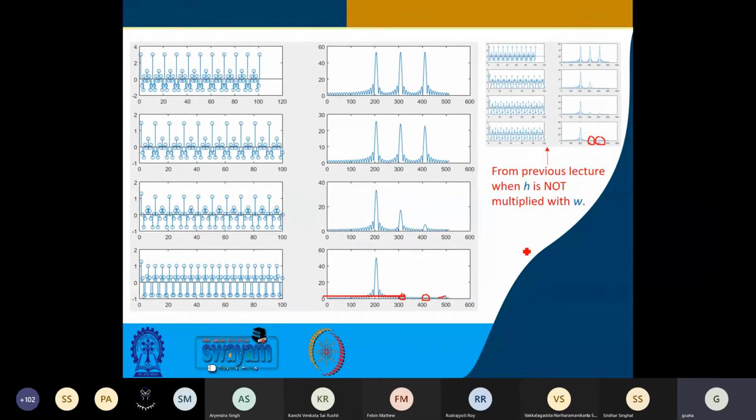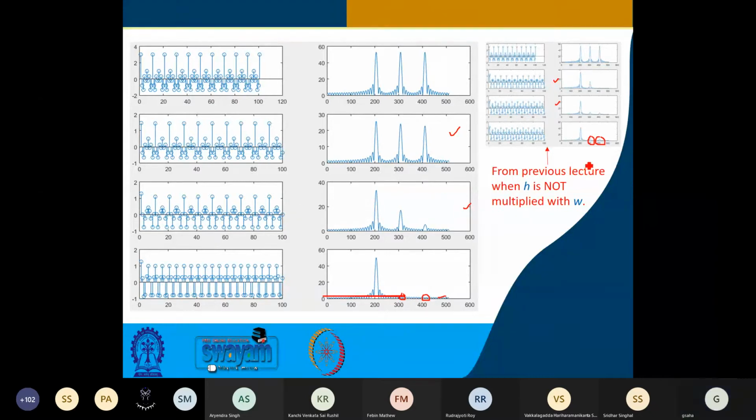But for any order which is comparable, the transition width is more here. So it will be problematic if the frequencies are closely spaced and the order is less.